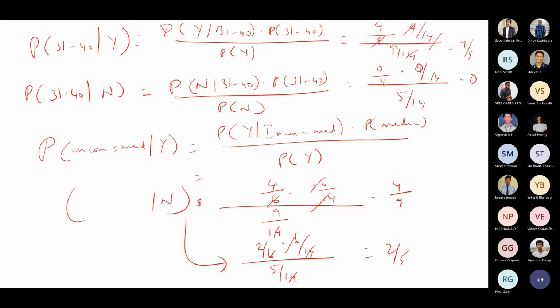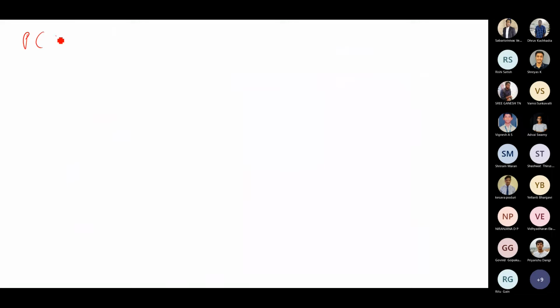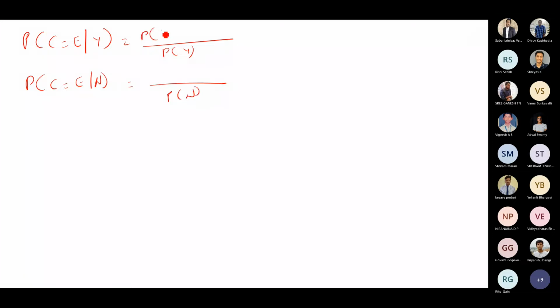If I have to do excellent, how do I do? Credit rating equal to fair is here. So probability of credit rating is equal to excellent given yes. Probability of credit rating is equal to excellent given no. This is equal to probability of yes given credit rating as excellent multiplied by probability of yes, and probability of no given this one multiplied by probability of no. So this is 9 by 14 and this is 5 by 14, that is already computed.